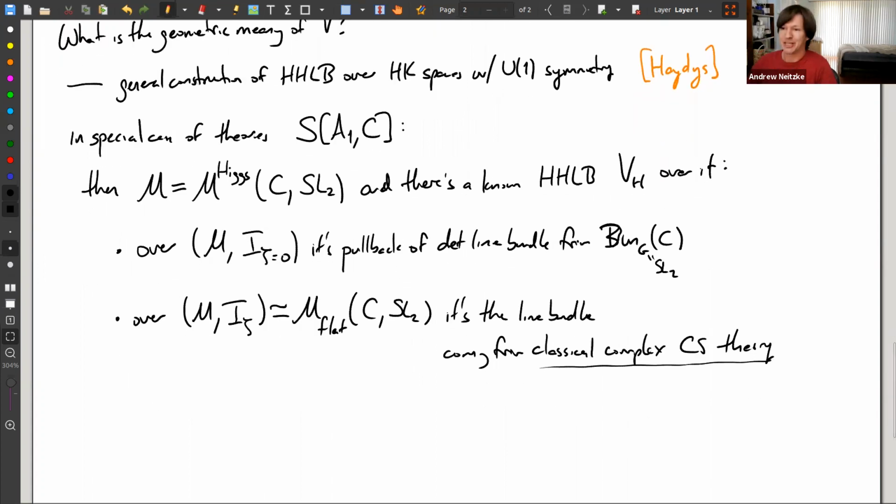So there's a topological field theory, a three-dimensional topological field theory which is defined on manifolds with flat connections. That theory is called classical complex Chern-Simons theory. And like any topological field theory of dimension 3, it assigns a vector space to a 2-manifold. In this case, a 2-manifold with flat connection. And that vector space is the fiber of this bundle.